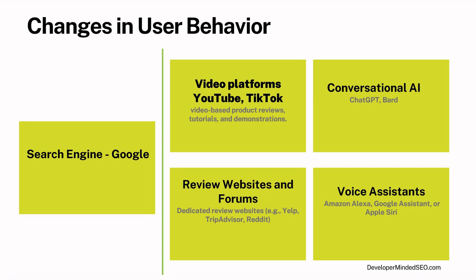For some types of queries, we can use a new channel like conversational AI. When using conversational AI, you don't need to look into other search results. It can produce the information that you want, and it can give you a lot of information.